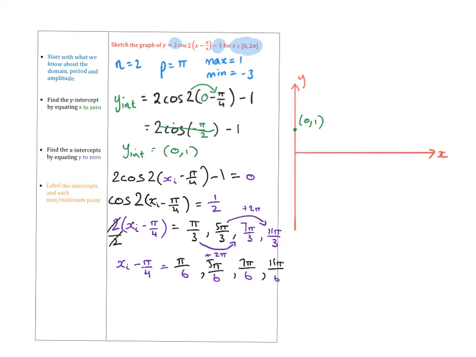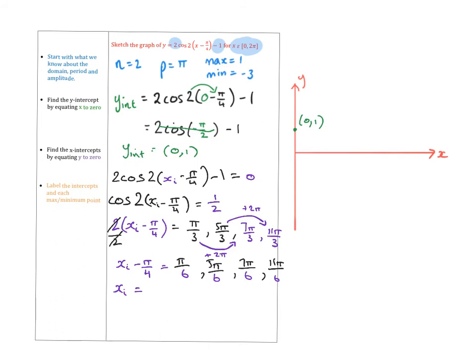If I add pi on 4 to all these answers, then we can have a look at this and say, well, pi on 6 plus pi on 4. Well, we might have to get a common denominator here. And let's just choose 12.